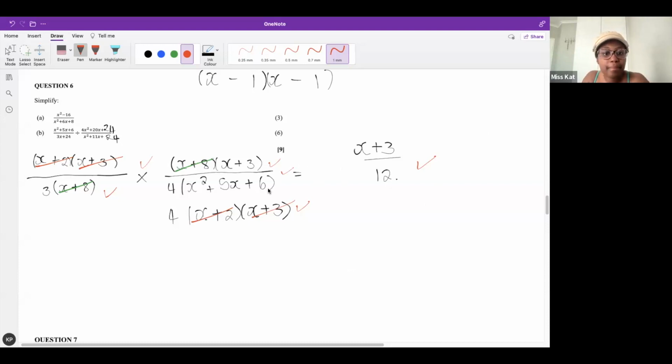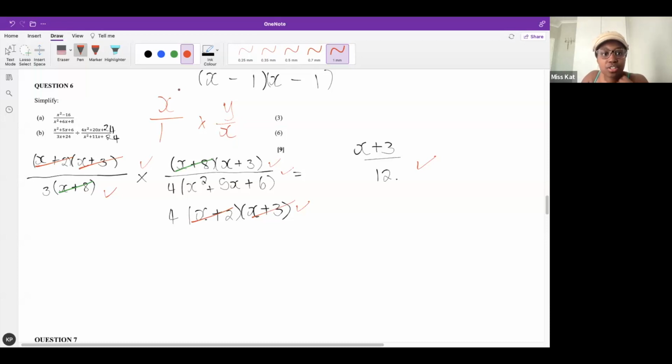Miss, why did you cross out the x plus 2 in the first fraction? You mean the x plus 2? Yes, miss. Because they are common. Remember, if you have x at the top, let's say x over 1 times y over x. Do you see that you have an x at the top and at the bottom? Yes, miss.